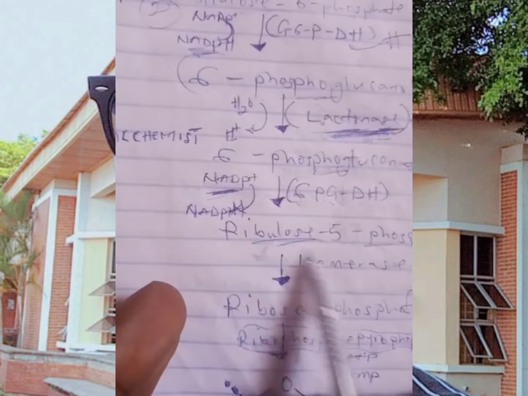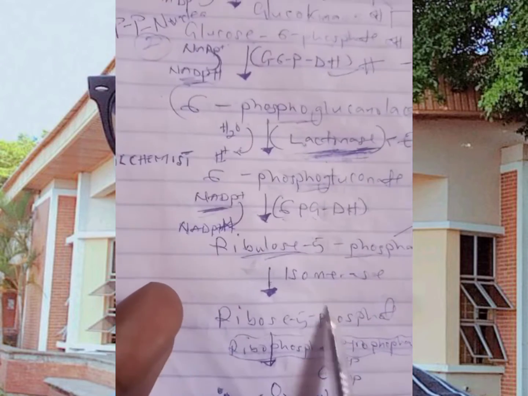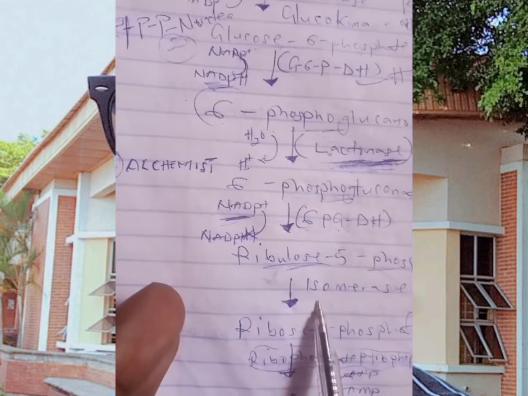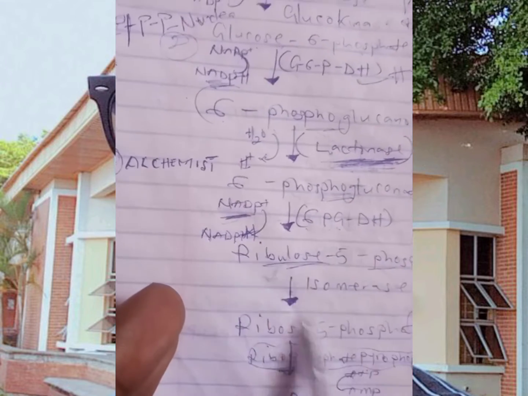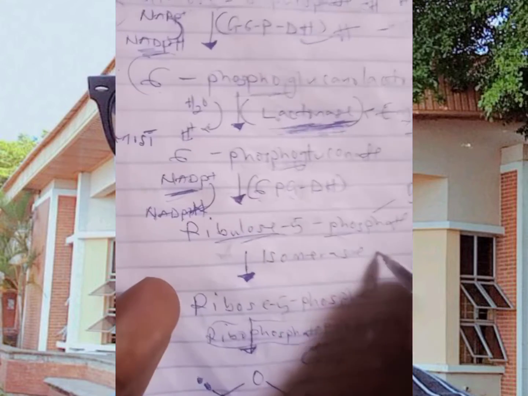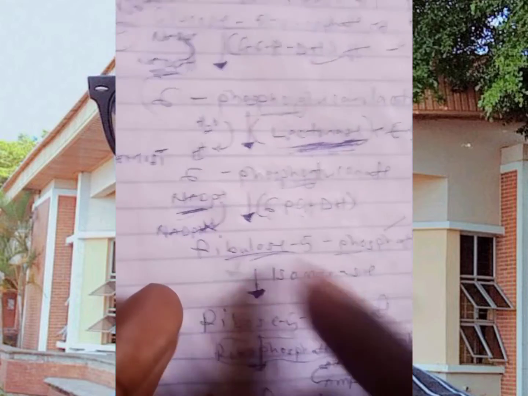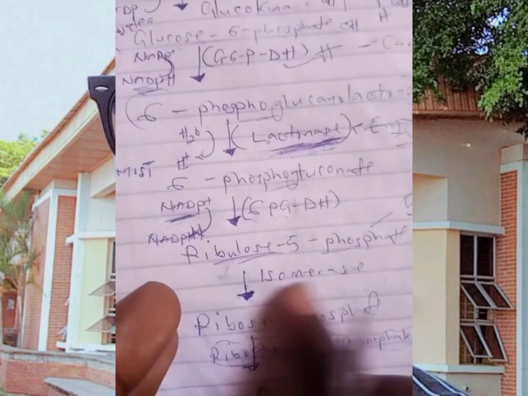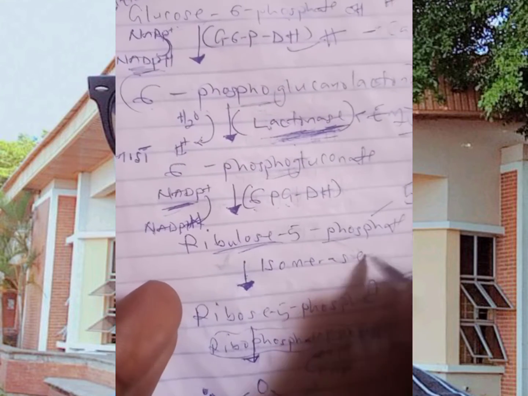So we have to change this ketone into an aldehyde. How do we do that? We need to introduce another enzyme, which is known as an isomerase. What does this imply? It means just restructuring our compound ribulose 5-phosphate. You just have to restructure the functional group.